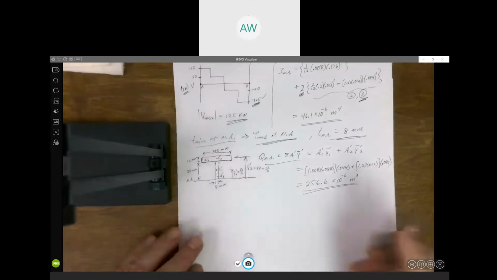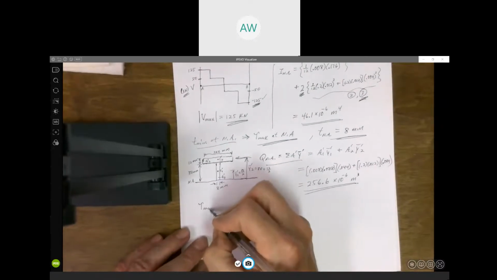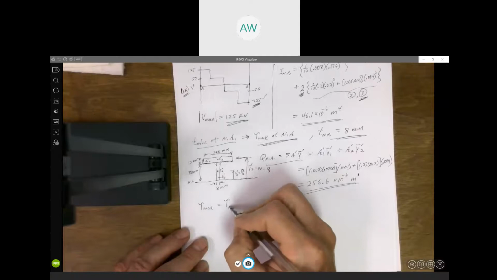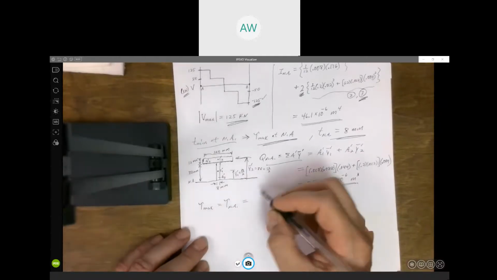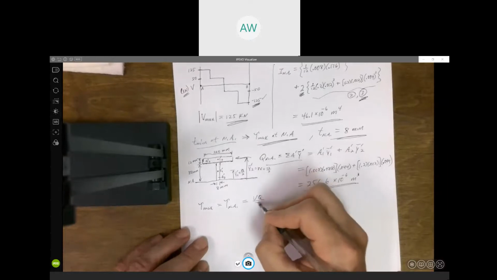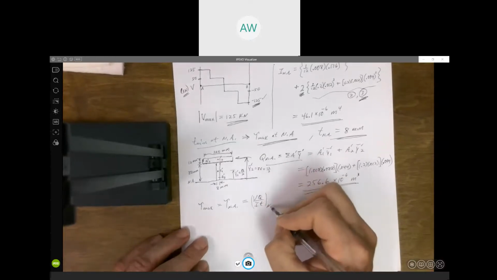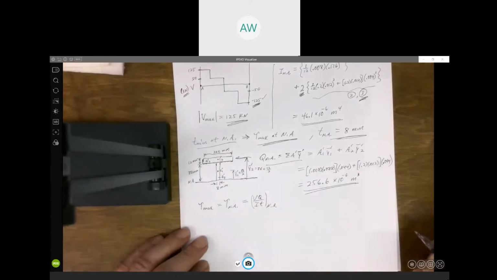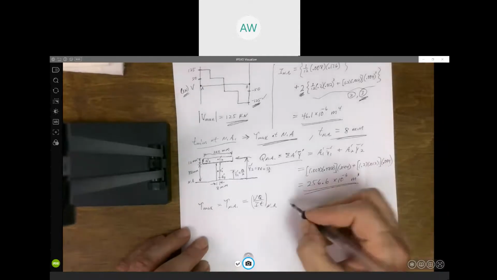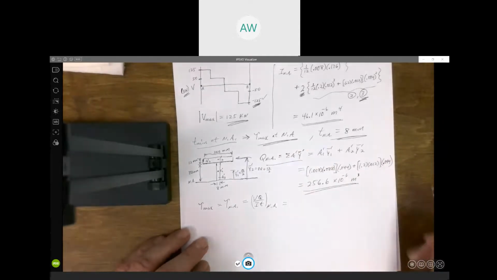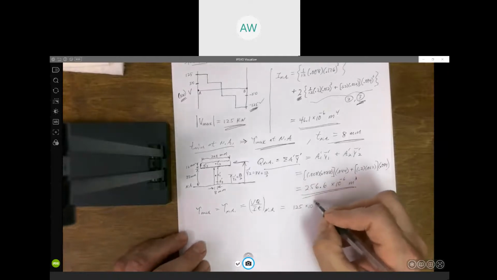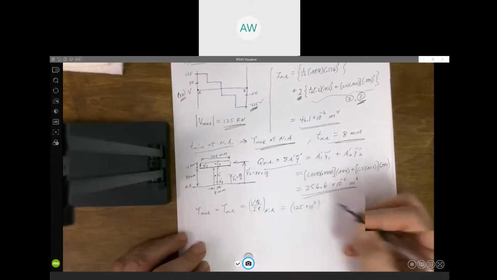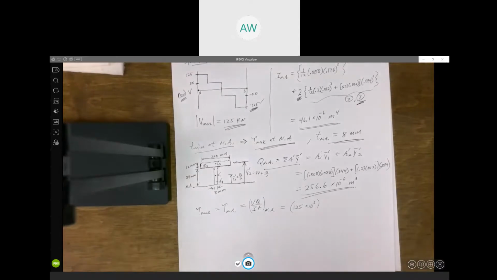So we can again get tau max. And I know it occurs at the neutral axis, so it's VQ over IT at the neutral axis. So Vmax 125 kilonewtons. Let's go times 10 to the third, get in newtons. I know if everything's in newtons and meters, my stress will come out in pascals.